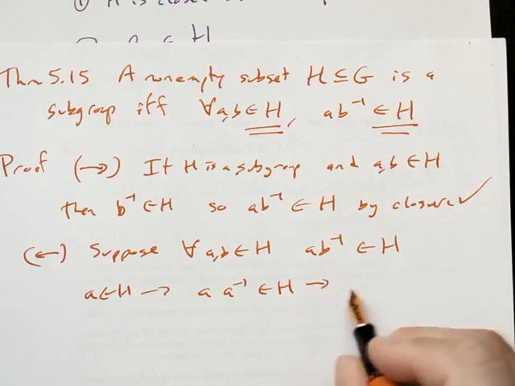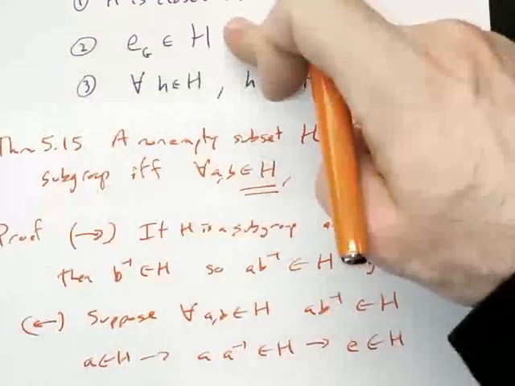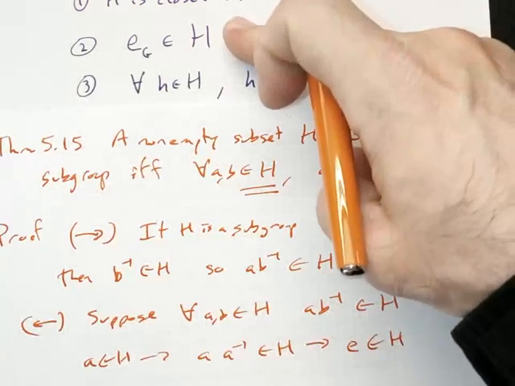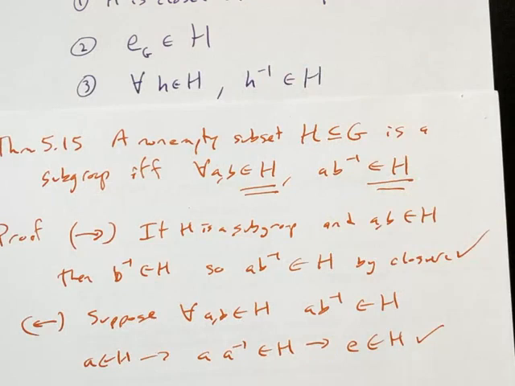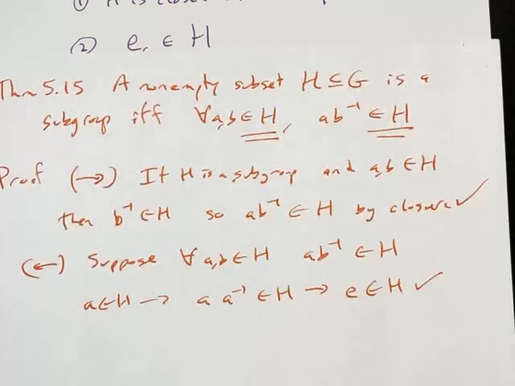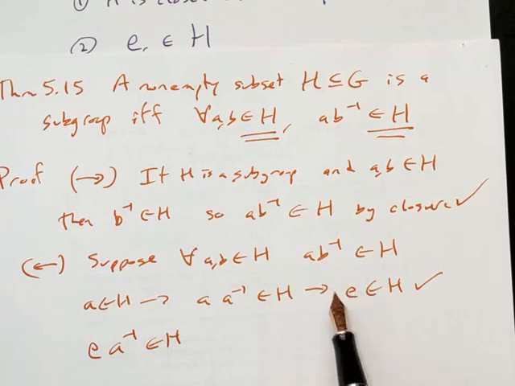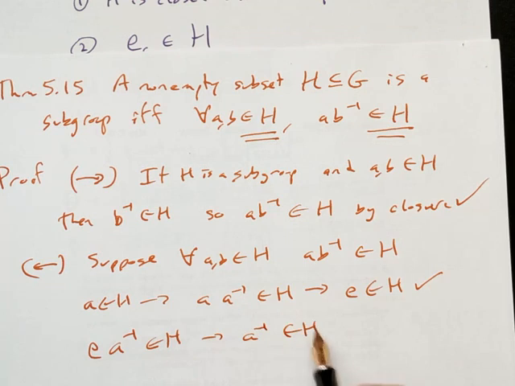This property, the identity property 2. Wait a minute, if the identity is in H, then E times H, E in H and A inverse, A, E A inverse, that means that A inverse must be in H. There's for every element its inverse.